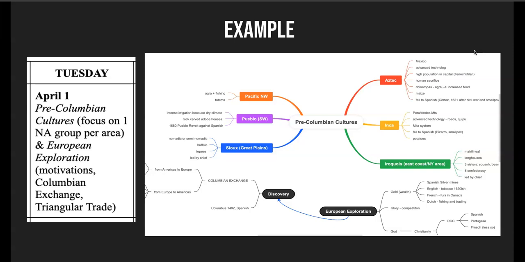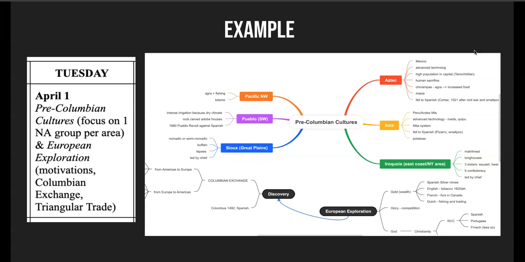And then after that, I went back and I looked at my notes again, and I added more detail. I pulled up more information and I added more information to my things, because with the Aztecs, I totally forgot about the importance of chinampas. Chinampas were the man-made islands that they built, and they farmed on that, and that vastly increased their harvest, their food, which allowed them to support a really, really high population.